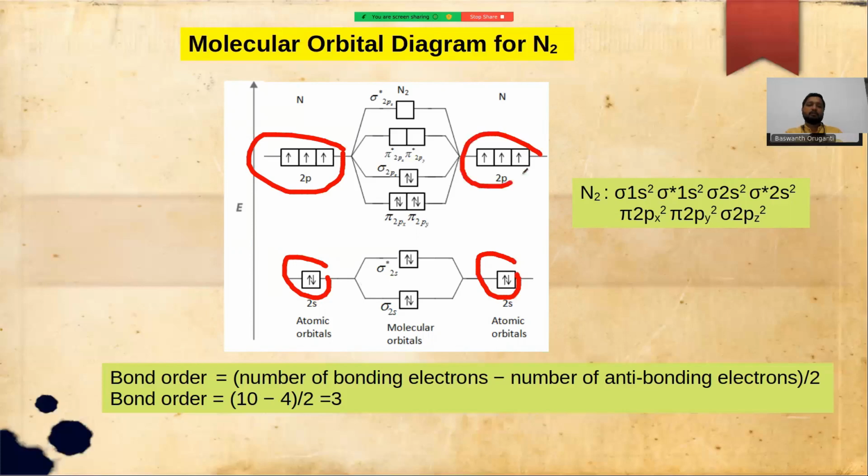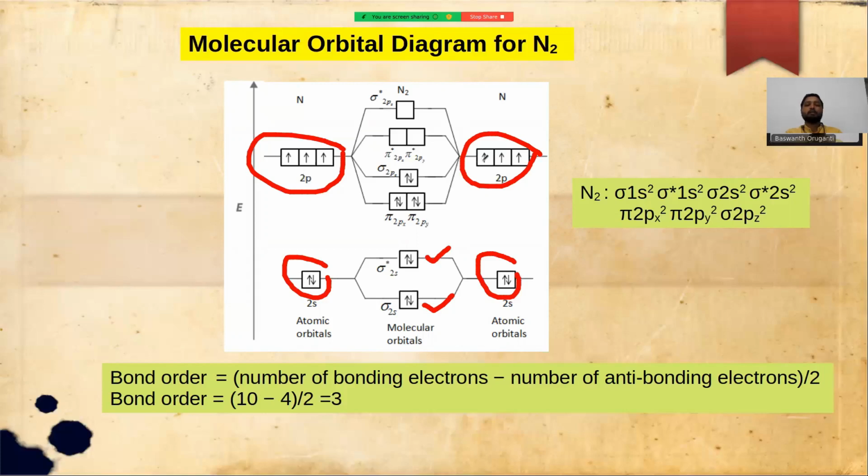So the 2s orbitals on the two nitrogen atoms combine to form the sigma 2s bonding orbital and sigma star 2s, which is an anti-bonding molecular orbital. So the 4 electrons are filled in this sigma 2s as well as sigma star 2s.